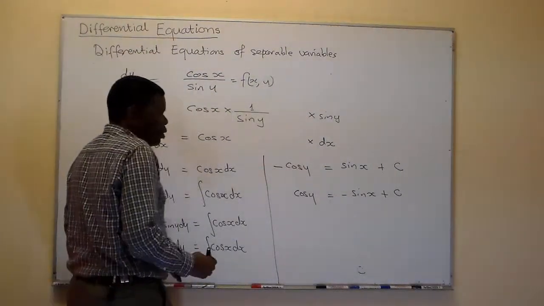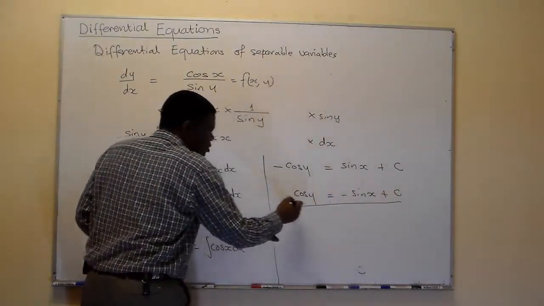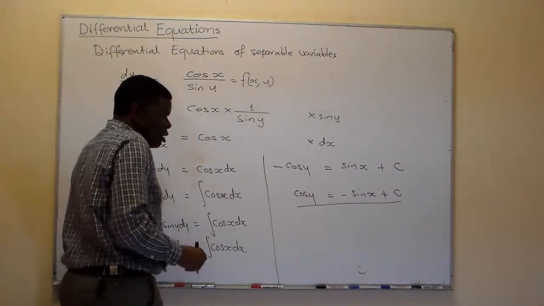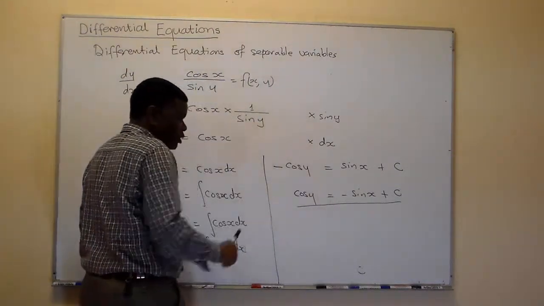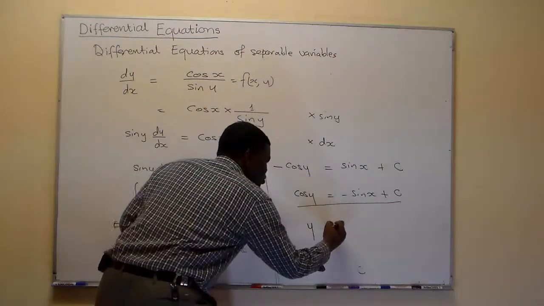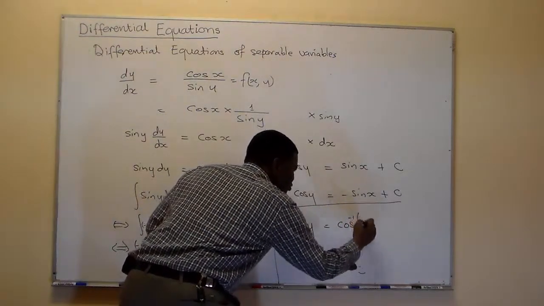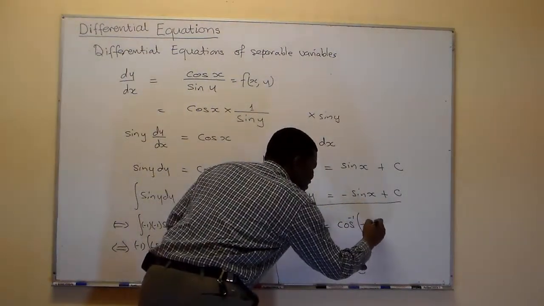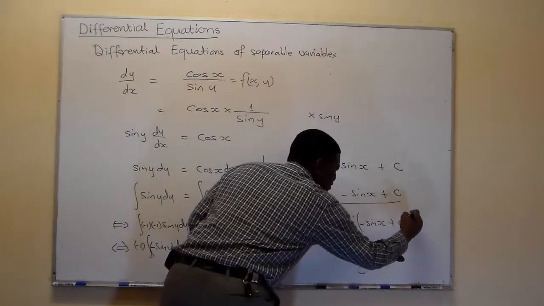Then, if you want, you can either leave the function like this, y implicitly, or since this case is possible, you can apply the inverse function of cosine on both sides, then get y equals inverse cosine of minus sine x plus c.